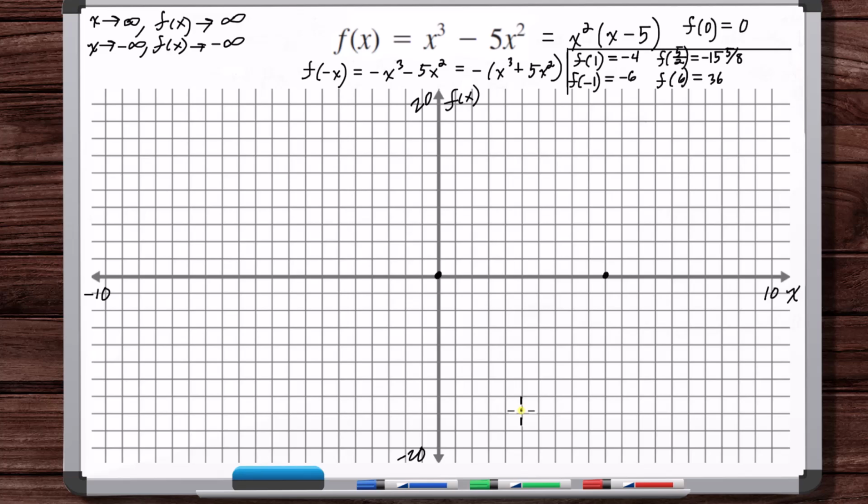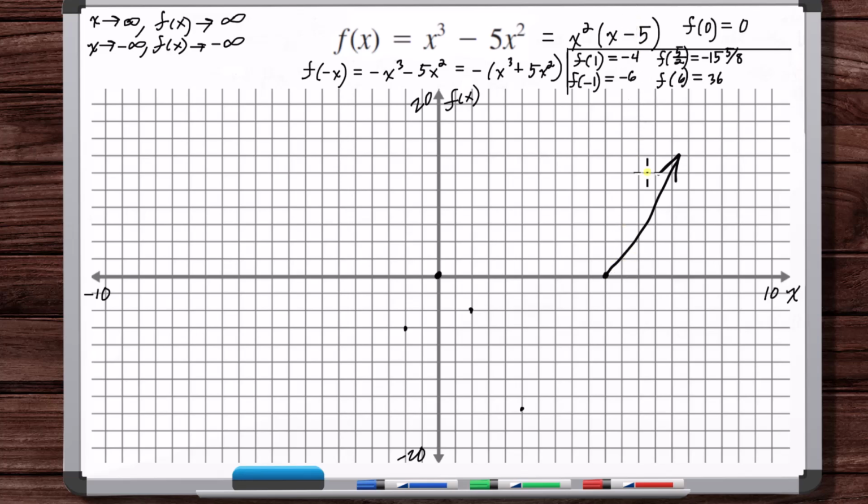So like right there. Okay, f of 1 is minus 4. 2, 4. And then f of minus 1 is minus 6. 2, 4, 6. Okay, and so you see f of 6 is 36. You don't want to do this. That's not right, because this is coming 30, at this point is all the way up here.